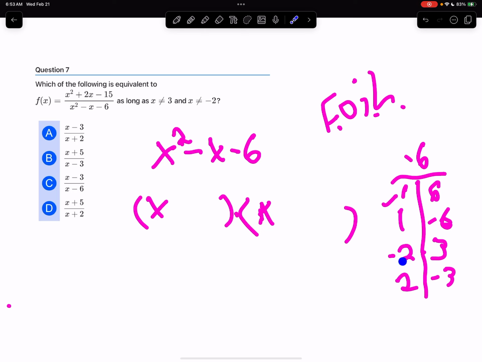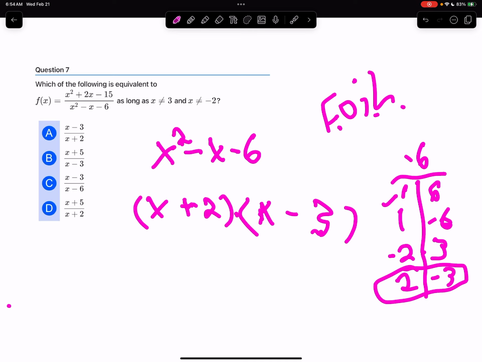If I take 6 and minus 1, that's 5. If I have negative 6 and plus 1, that's negative 5. When I add these up, it's positive 1. 3 and a negative 2 is a 1. And this is the only one that gives me negative 1 when I add them up. So those are my numbers, positive 2 and negative 3. And that's my answer for that one.